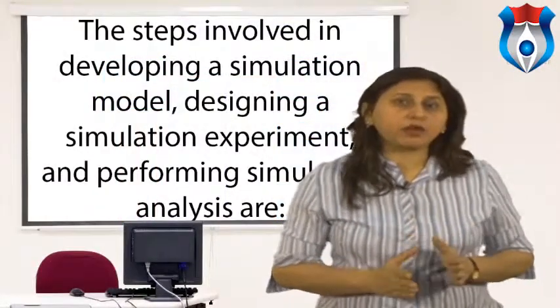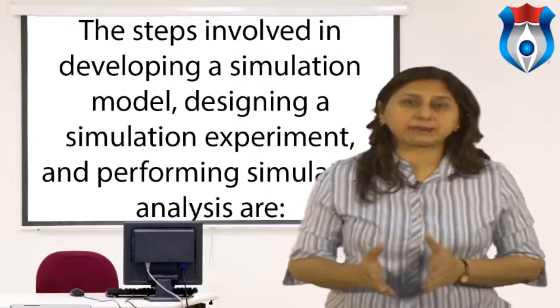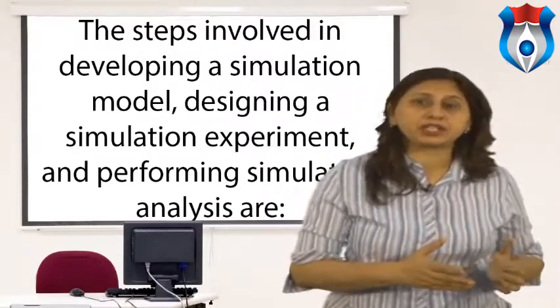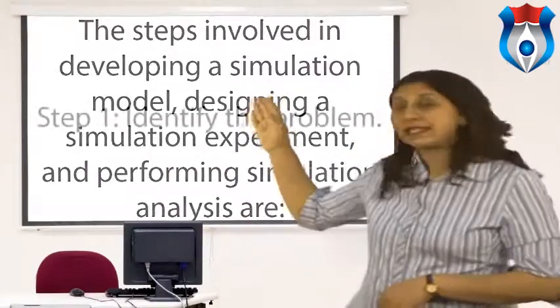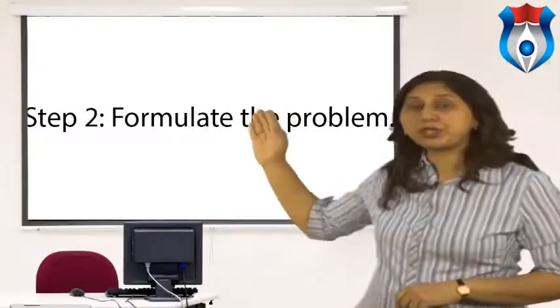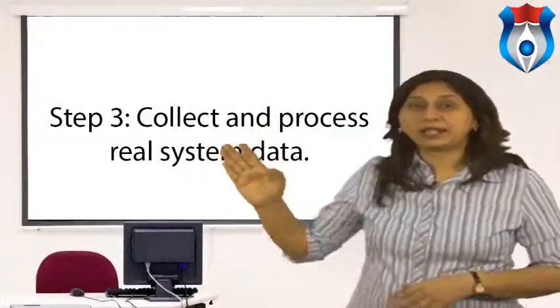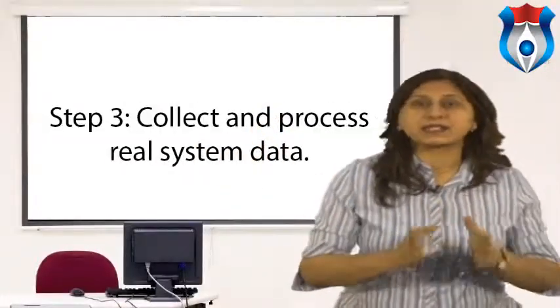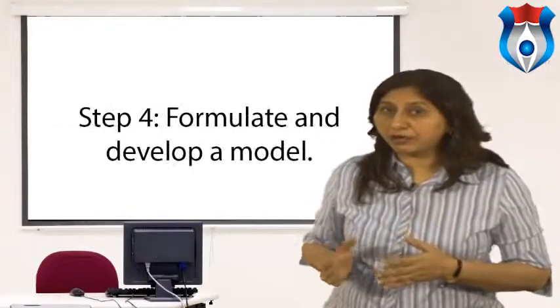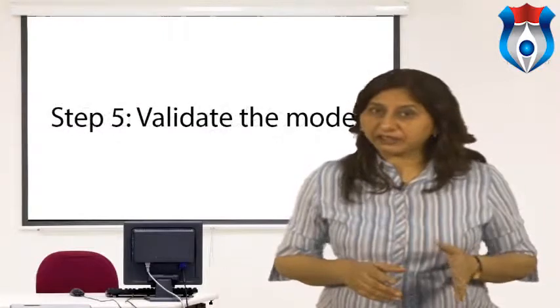The steps involved in developing a simulation model, designing a simulation experiment, and performing simulation analysis are: Step 1. Identify the problem. Step 2. Formulate the problem. Step 3. Collect and process real system data. Step 4. Formulate and develop a model. Step 5.